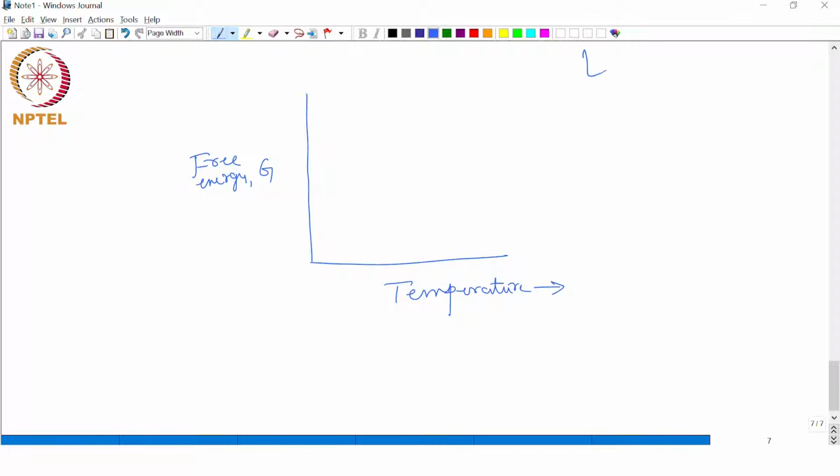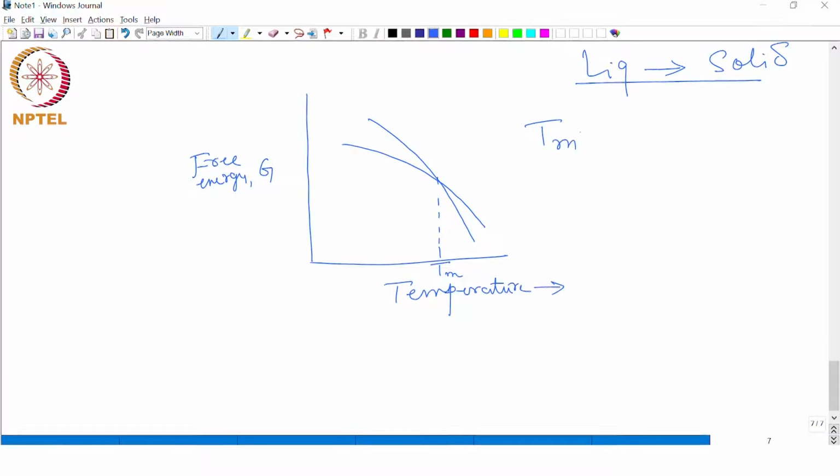Now, again, taking the same transformation, liquid to solid, this is the melting point that we denote as Tm.